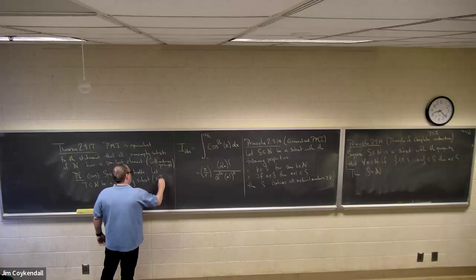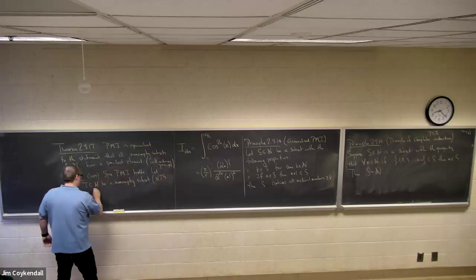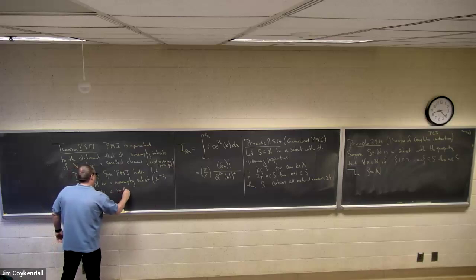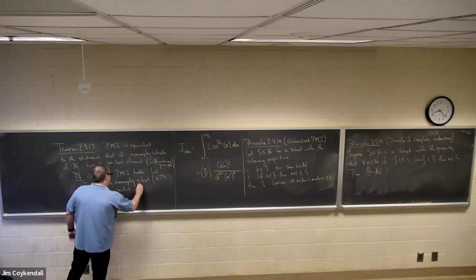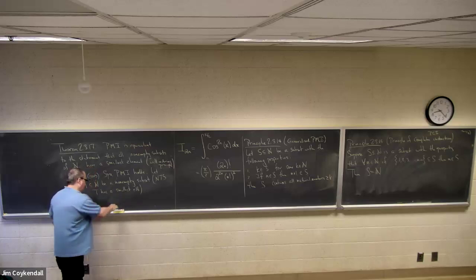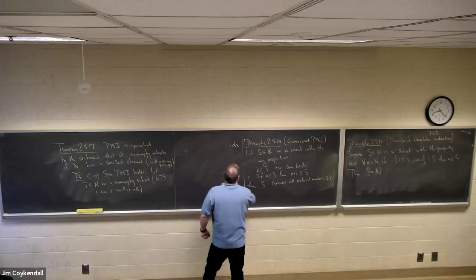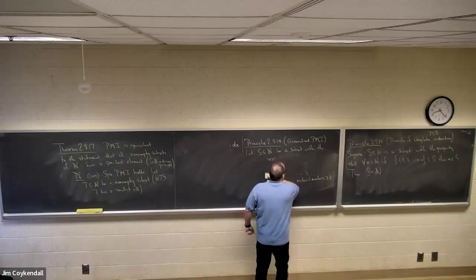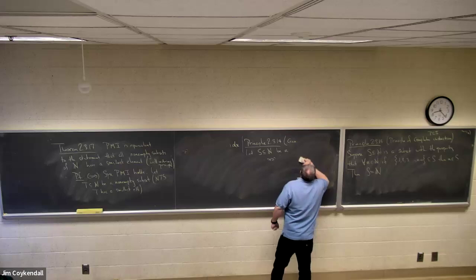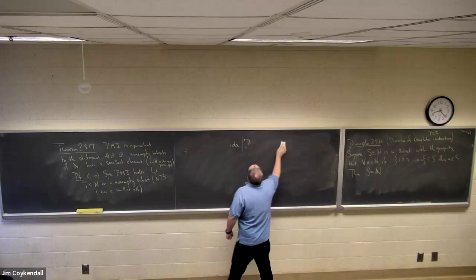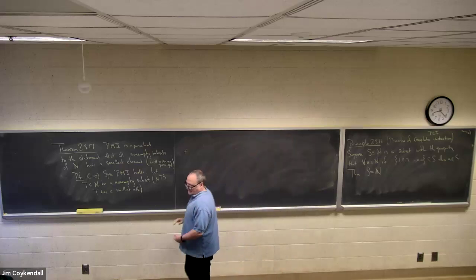We show P has a smallest element. So we're assuming that the principle of mathematical induction holds. We pull out some random non-empty subset P of the natural numbers, and somehow we've got to convince ourselves that this non-empty subset has a smallest element.